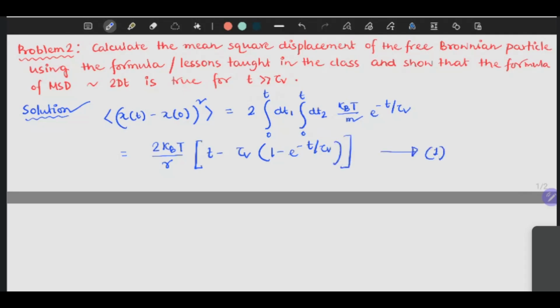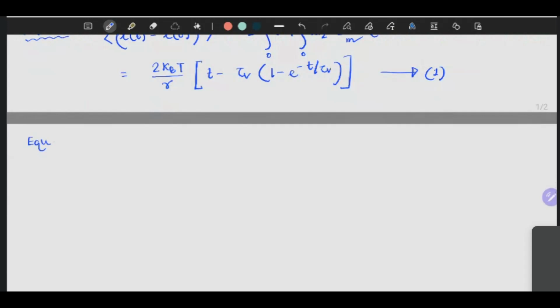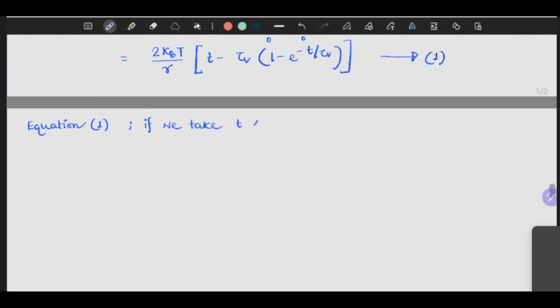Okay, so now for equation 1, if we take t very greater than tau_v, that makes t by tau_v very greater than 1, then e to the power minus t by tau_v tends to 0.